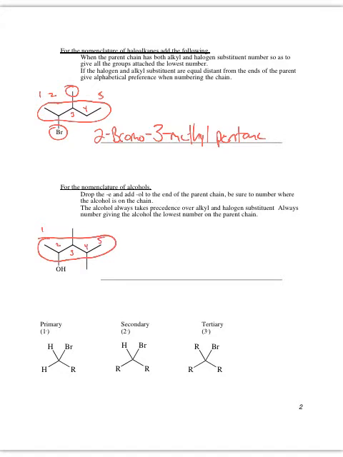So on that 5 carbon chain, it is some substituted pentane, but we drop the E and add OL. So it's a pentanol. The alcohol is on carbon 2, so it is 2-pentanol. And then out in front of all of that, it has a 3,4-dimethyl 2-pentanol.